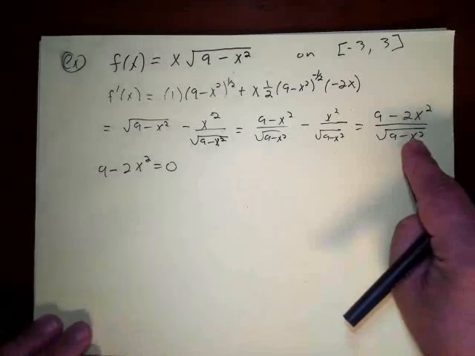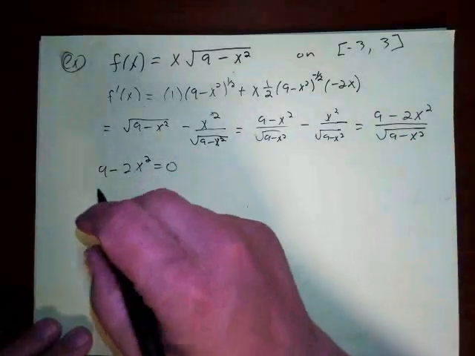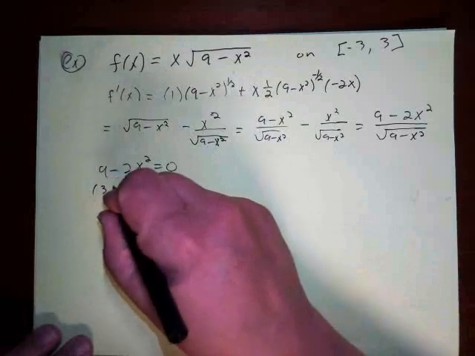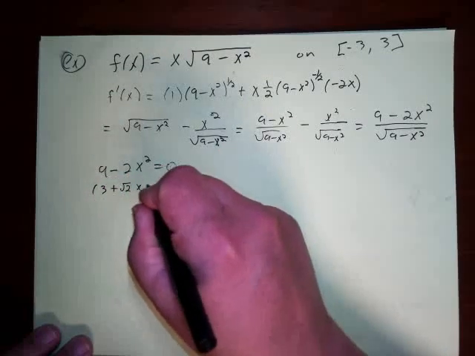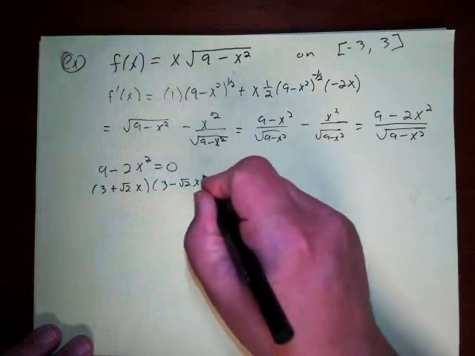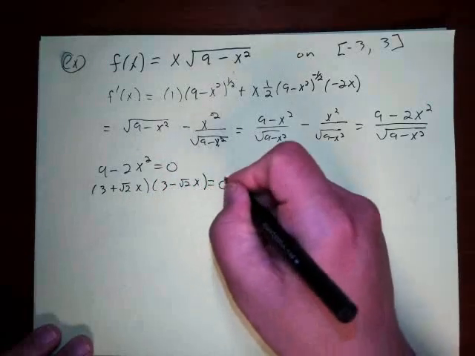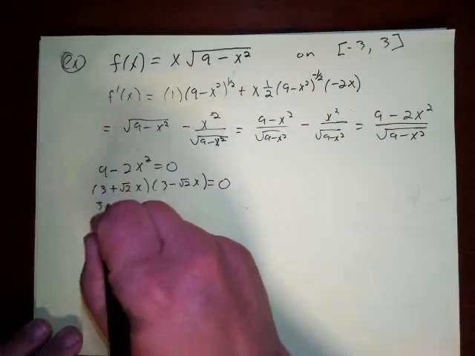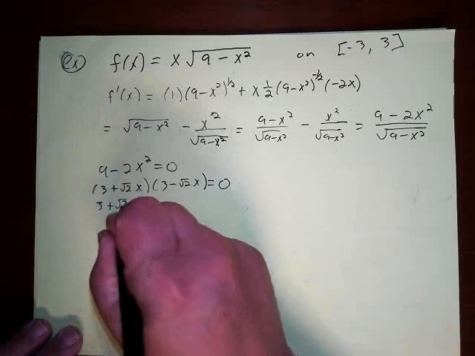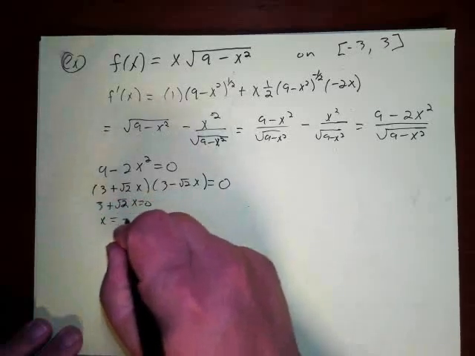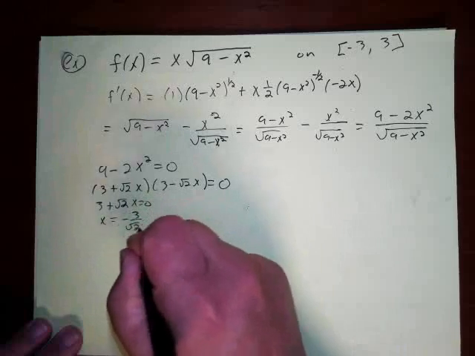So I just need to solve this. I get 3 plus square root of 2x, 3 minus square root of 2x is equal to 0. So either we have 3 plus square root of 2x is equal to 0, so x will be equal to negative 3 over the square root of 2.